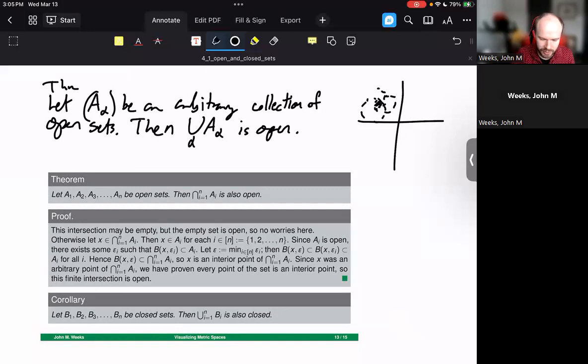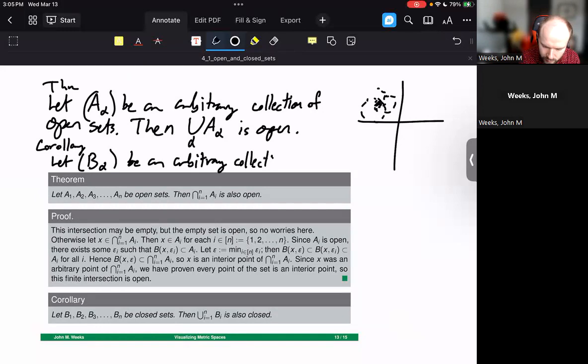By a similar notion here, we're going to get a corollary that if B sub alpha, rather than A sub alpha, just to distinguish, is an arbitrary collection of closed sets, then the arbitrary intersection of closed sets is closed.